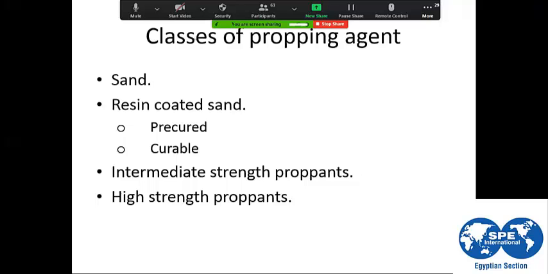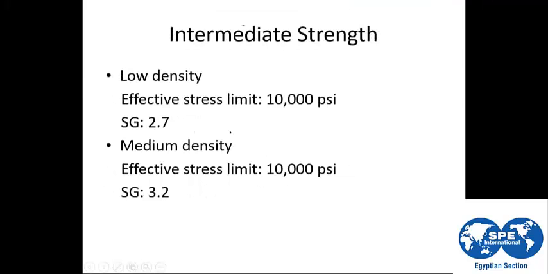Okay, this is the classification of the proppant. We have sand, resin coated sand, and the intermediate and high strength proppant, as we said. These are the properties of the intermediate strength proppant.